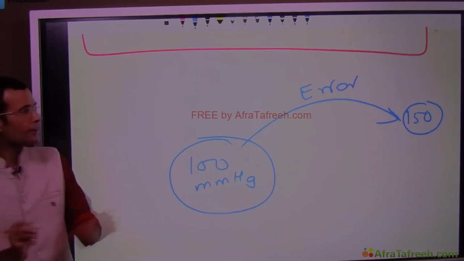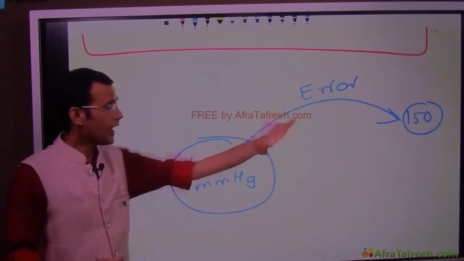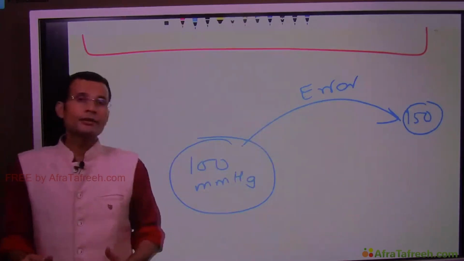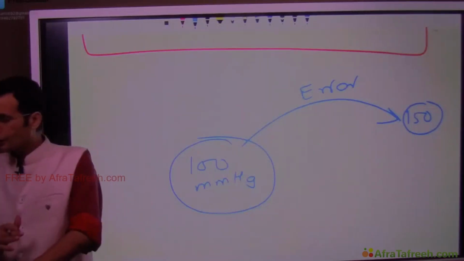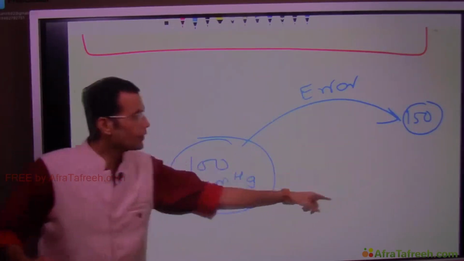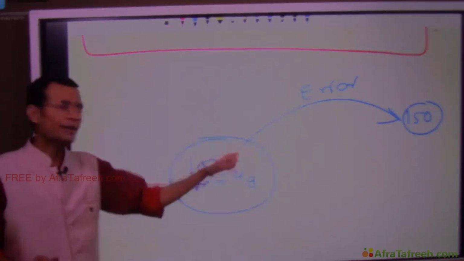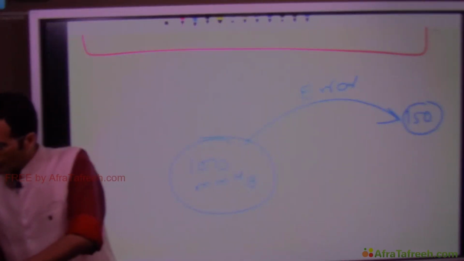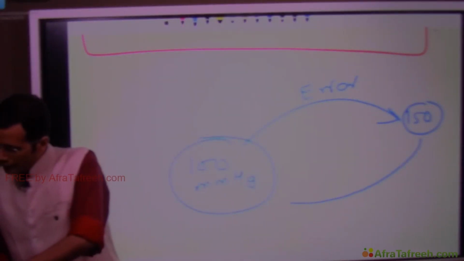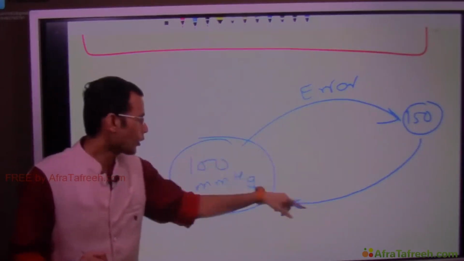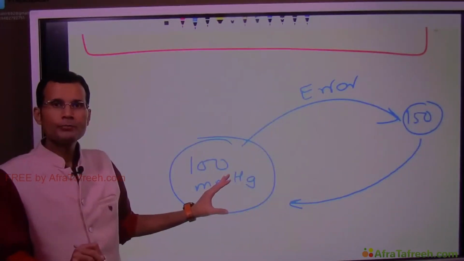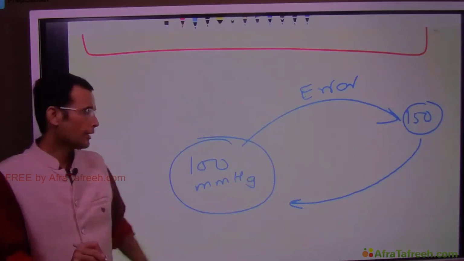Because of the disturbance, error has been created. Now this error signal will be fed to the controller and then the controller will take the action. This is a negative feedback. So the error will be negated, cancelled out, and the control variable is brought back to its original level. That's a classic negative feedback.